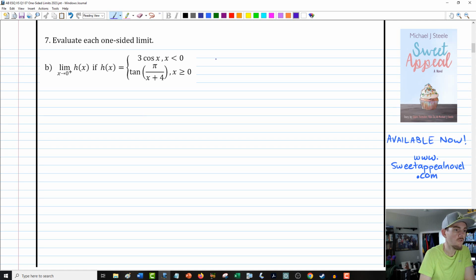Just as I mentioned in the first video, it's important for us to establish, based on which one-sided limit we're looking at, which specific x values we're looking to consider. So we're interested in analyzing h of x, but specifically h of x when x is greater than 0, because that's what's meant by the limit as x approaches 0 from the right side of h of x.